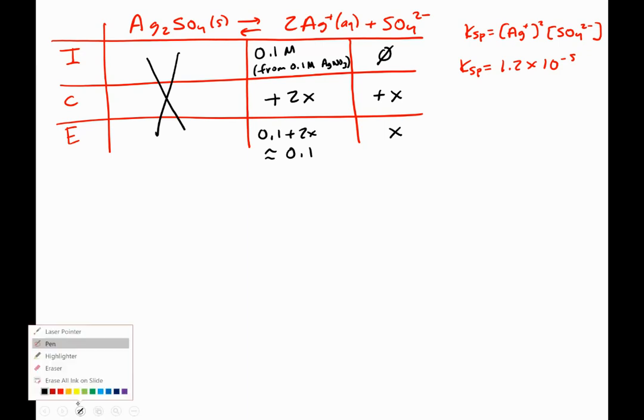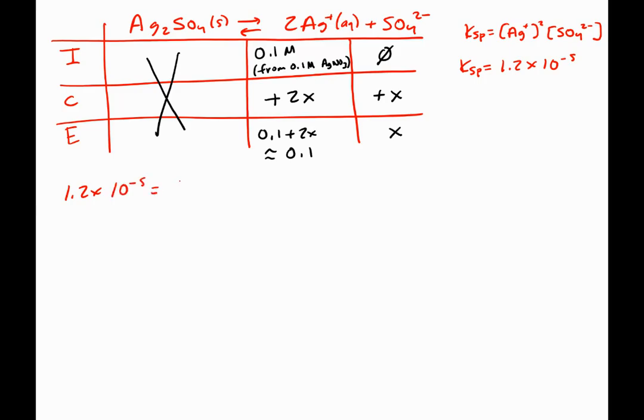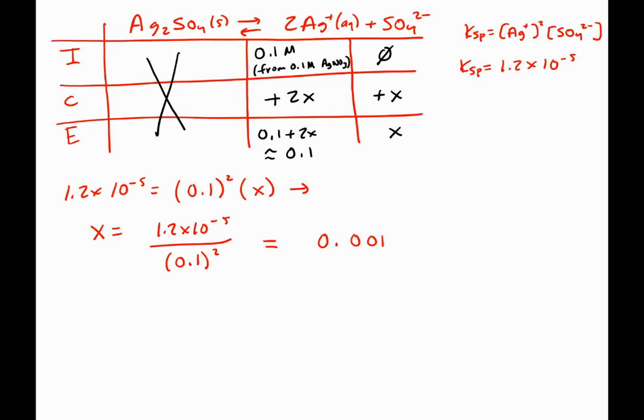Now what we can do is plug everything into KSP, and when we do that, we'll get 1.2 times 10 to the minus 5 is equal to the concentration of Ag plus we approximated to be 0.1 squared times the concentration of sulfate, which is x. So to solve for x, you just have to divide both sides by 0.1 squared. And when you plug that into your calculator, what you'll find is that the value of x is 0.0012.